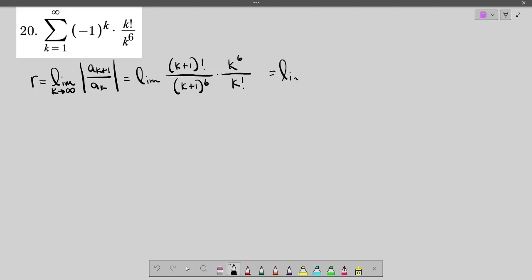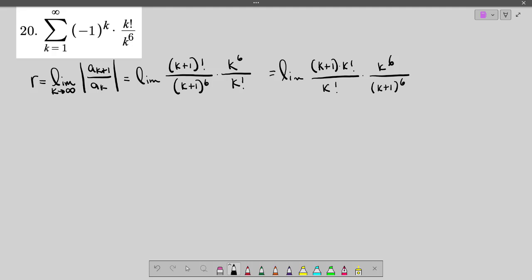this one gives us a little practice combining factorials and powers of k. So I'm going to rewrite the k plus 1 factorial as k plus 1 multiplied by k factorial. And I'm going to just rearrange the denominator so we can talk about the different factors down here.